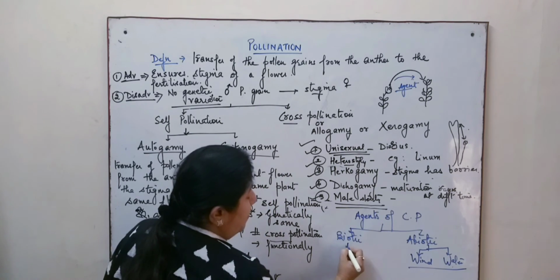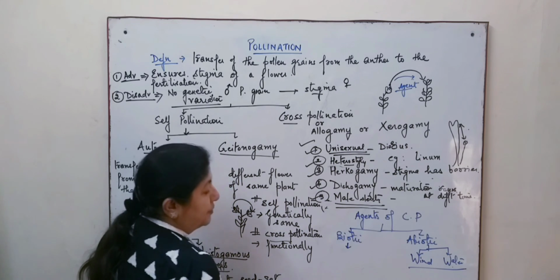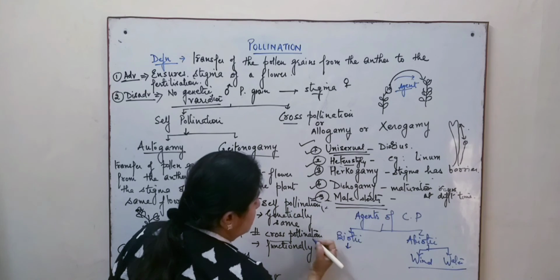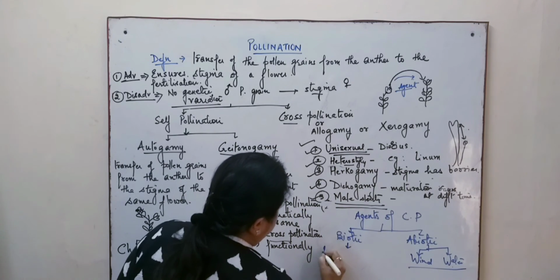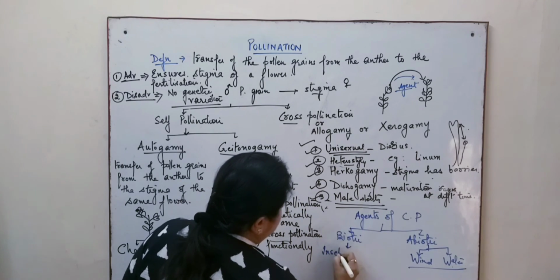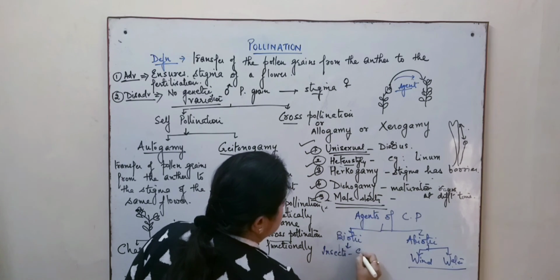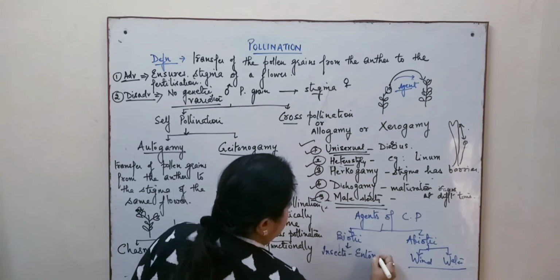Then there are certain biotic factors. The biotic factors may be the bees, that is insects in general, which is known as entomophily.